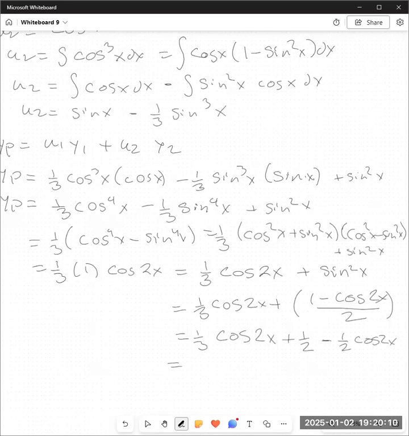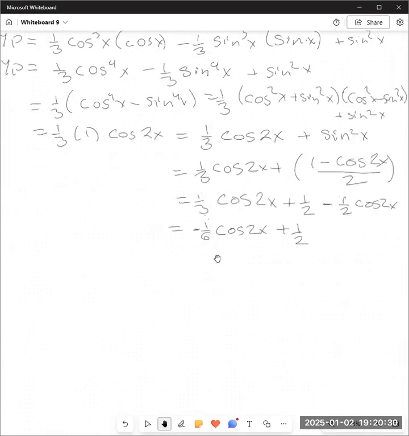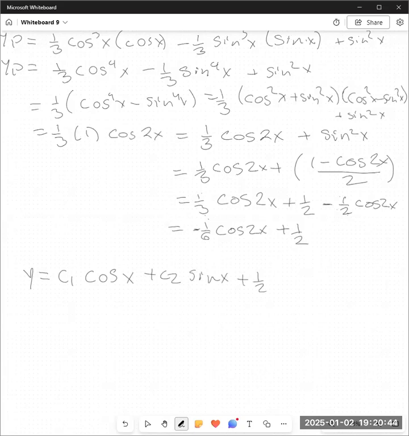So we have 2/6 minus 3/6, which is -1/6 cosine of 2x plus 1/2. And that's my YP. That's the way that the book is going to write it. I just wanted to get you to the point where the book wrote it that way. So my total Y is equal to C1 cosine x plus C2 sine x plus 1/2 minus 1/6 cosine of 2x.